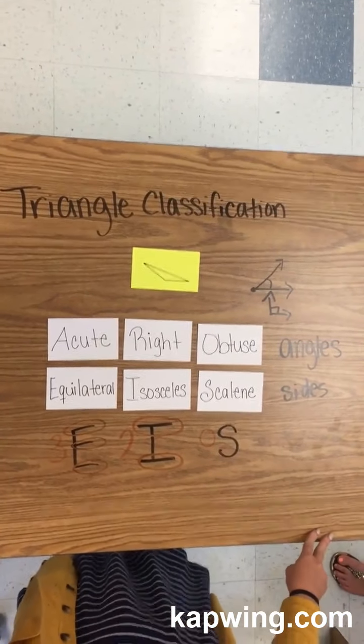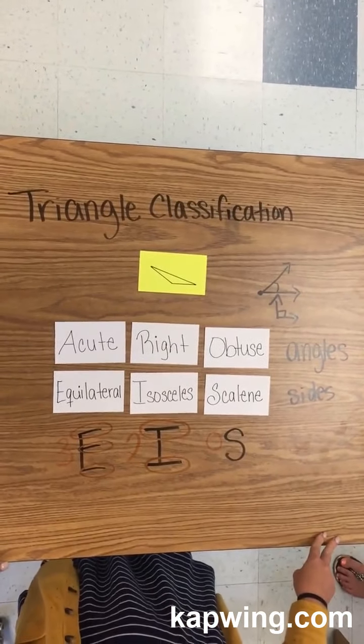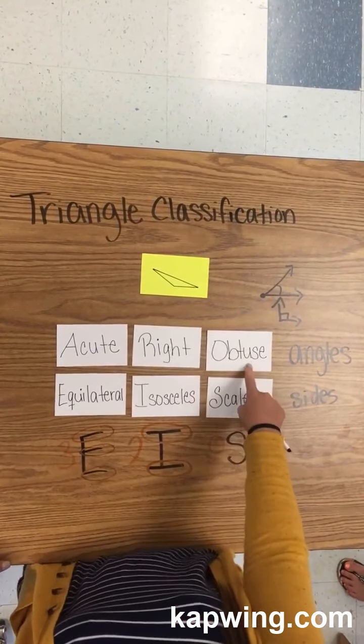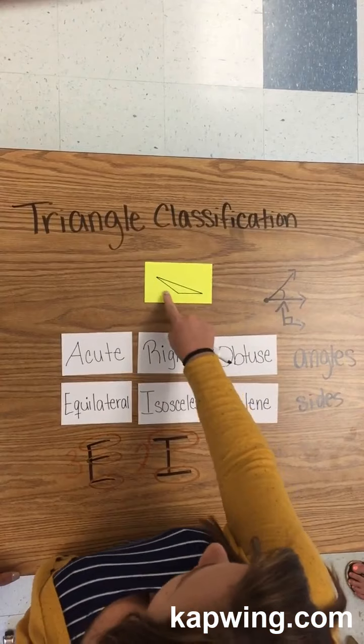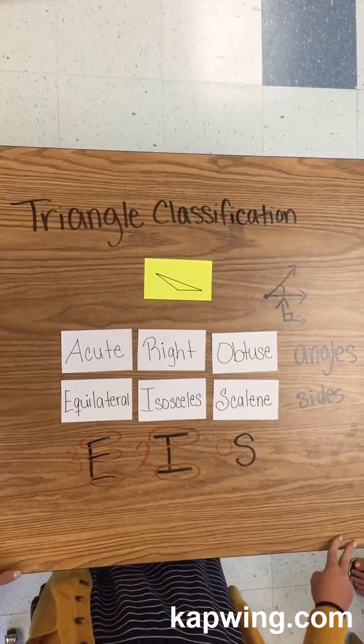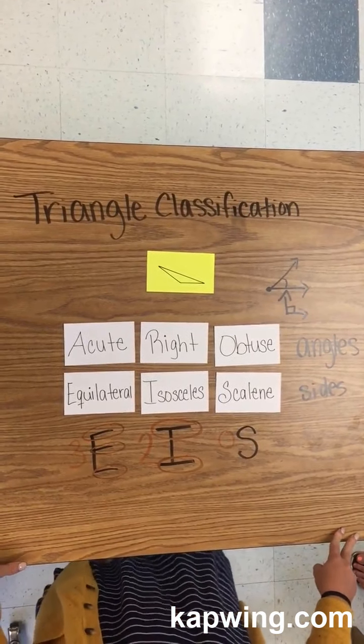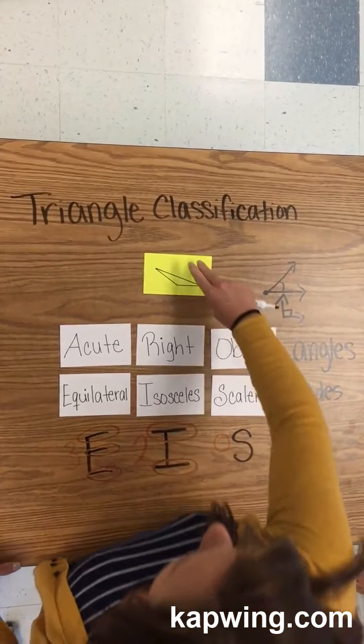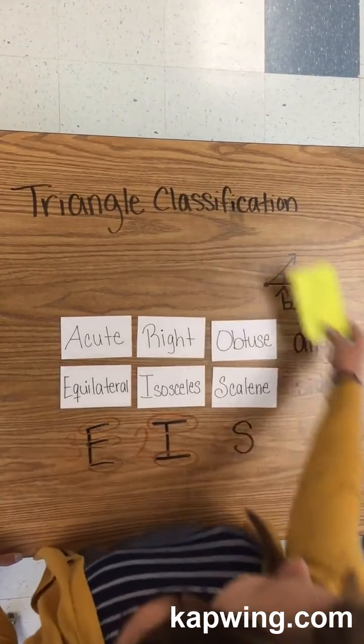What do you think about this one? Good, I see an obtuse angle, so it's going to be obtuse, and I don't think any of the sides are congruent. If I was using a ruler, I could be sure that none of the sides are congruent. None of my sides are congruent, it's a scalene triangle.